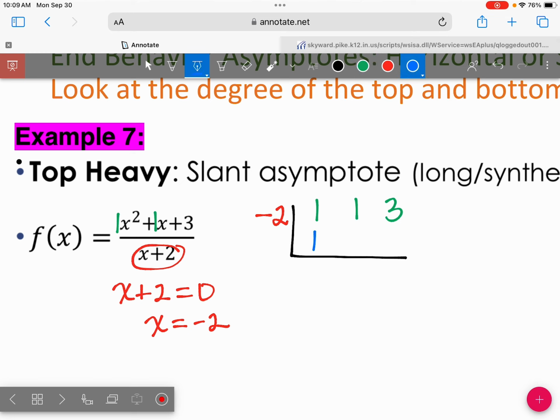So we always bring down that first number, which is a 1. Multiply 1 times -2, we get -2, and we add. And that's as far as you need to go, because we're not concerned with the third number. This first number is our slope, the slope of our slant, and the second number is our y-intercept.